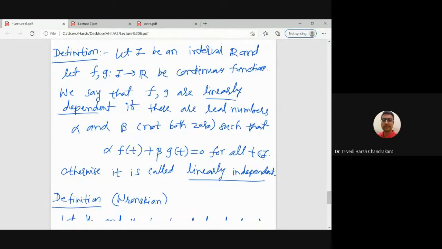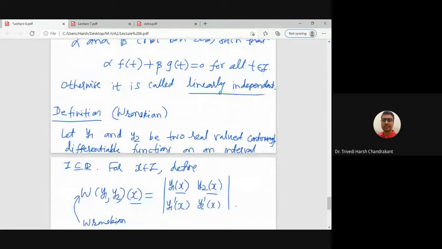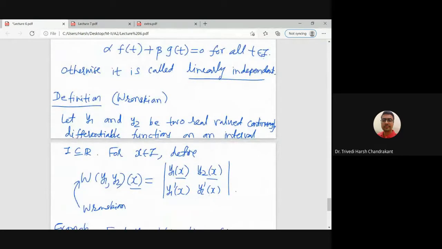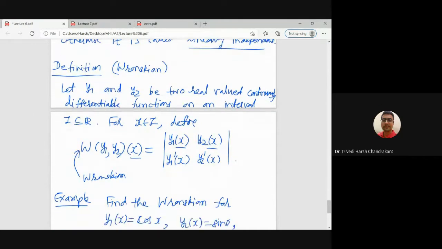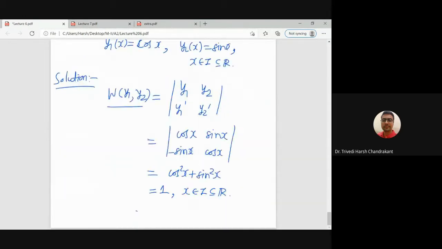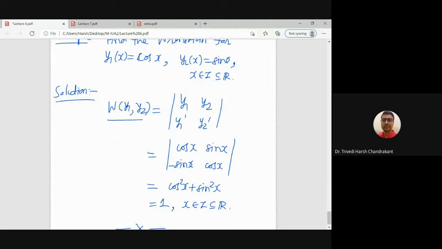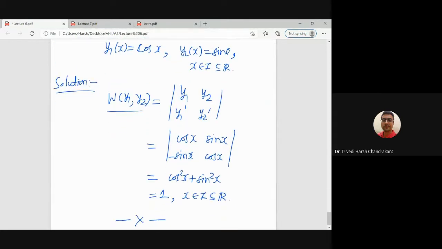And for the Wronskian, we defined certain terminology. If two real valued continuous functions on an interval are given, how do we check whether they are linearly independent or dependent? That depends on the Wronskian. First of all, there is the definition of the Wronskian, and we checked that the Wronskian of the functions cos x and sin x over any interval is 1 for any value of x.